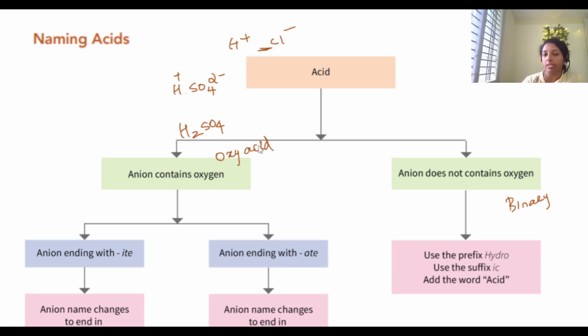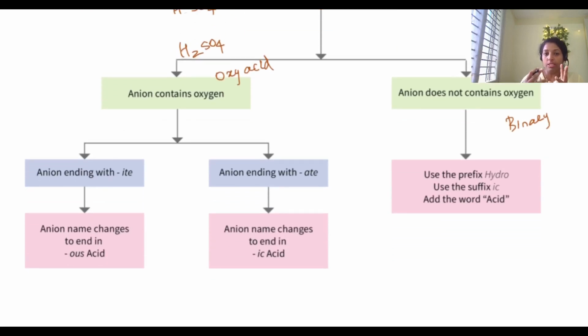One is the oxyacid and the other is the binary acid. HCl is written as HCl, with no charge when you write it. Suppose it's a binary acid. How do we name it? For a binary acid, the prefix hydro is needed and then the suffix ic acid.